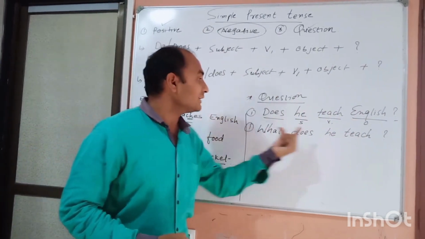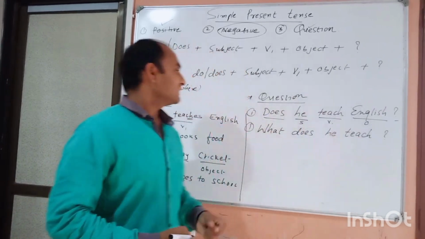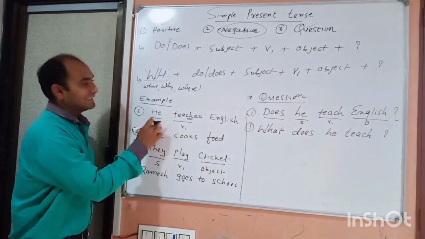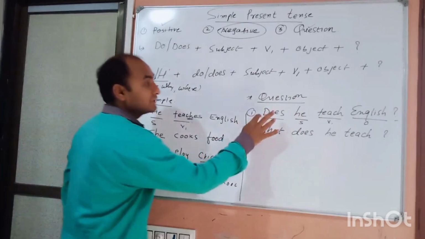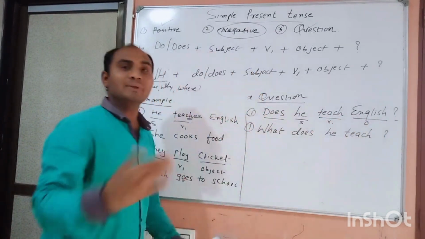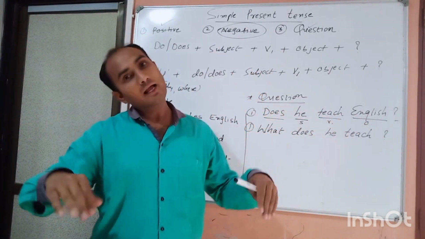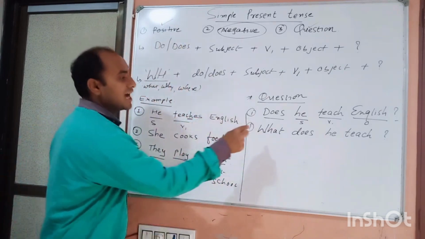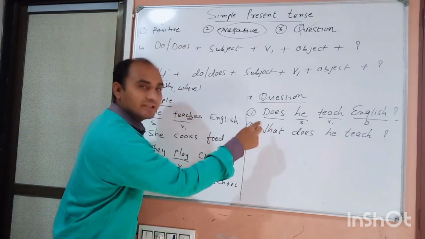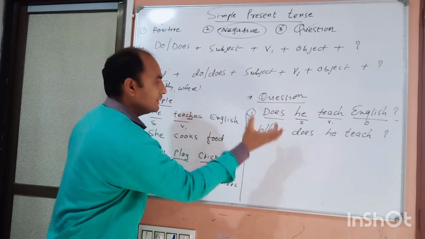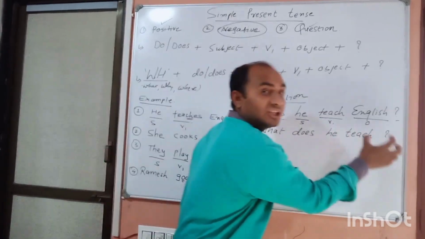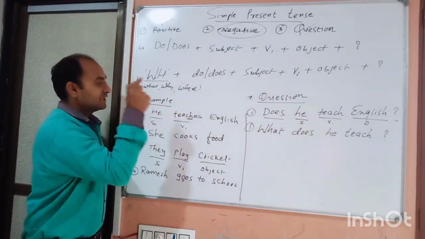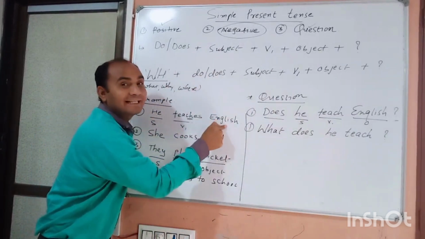Remember carefully, whenever we ask does he teach English, we will get the answer in yes or no. But whenever we ask the question through WH, we will get the answer in this way: what does he teach? He teaches English.